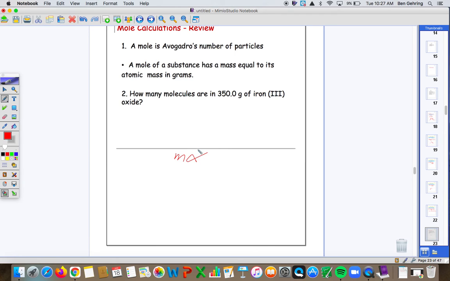So we have Mole Mountain. We have moles. On this side is mass, and on this side is particles. I'm asking you how many molecules are in 350 grams. So I'm starting here at mass, and we're trying to get all the way over here to particles.